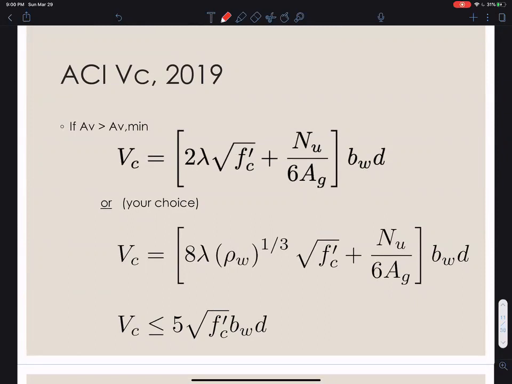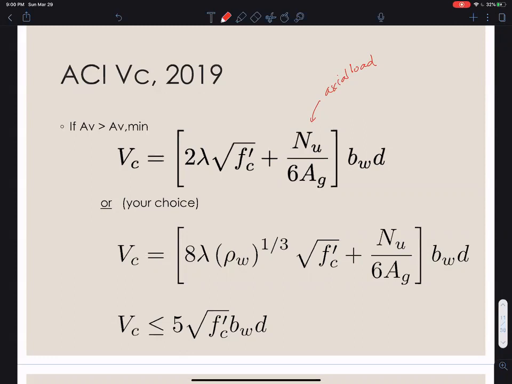Okay? Nu is axial load. And you can imagine if you load a beam in compression, it's harder to shear. But for us, that's 0.